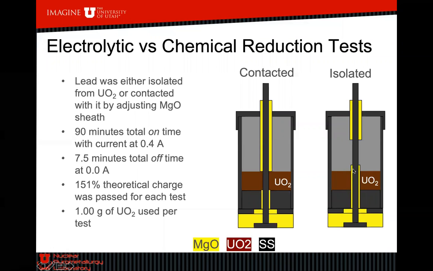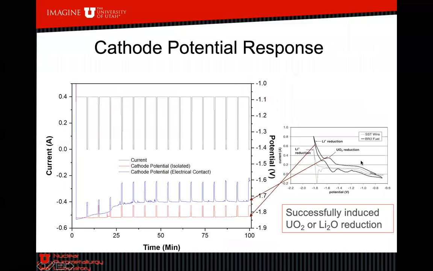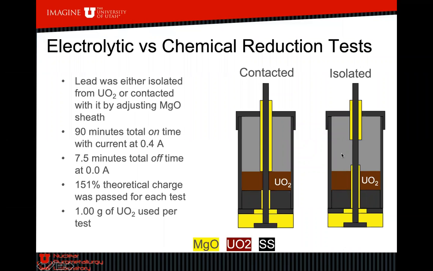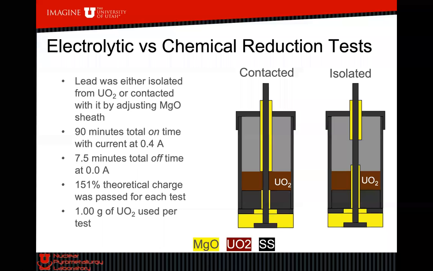Over here, on the right side, we put a magnesium sheath to make it so the only contact between the lead was with the salt. And so that would have to make lithium, then lithium would diffuse to the UO2 and react to form it. So in theory, the left would be this long range type reduction, because basically we're treating it like a cathode, and the right would be a short range, where we're making lithium and the lithium is reacting with UO2.